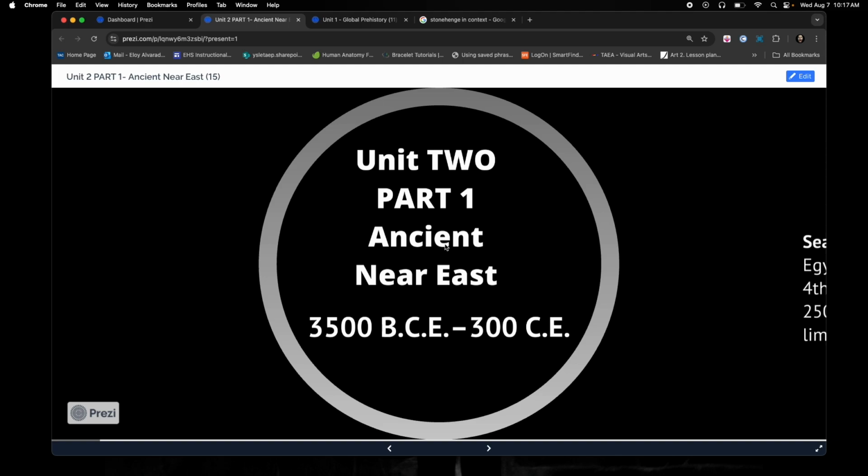Now there was an active exchange of trade goods in this area, and along with that are ideas about philosophies, religions, and artwork. So we're going to see a lot of that, and we're going to be able to look at some of the commonalities that they share.